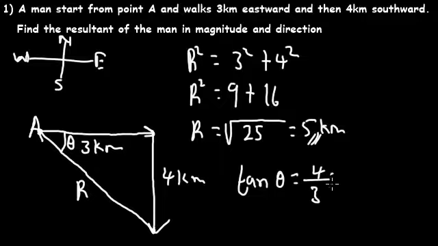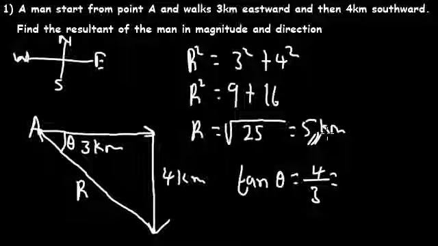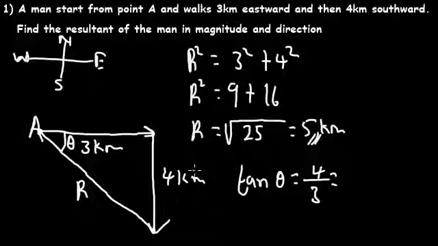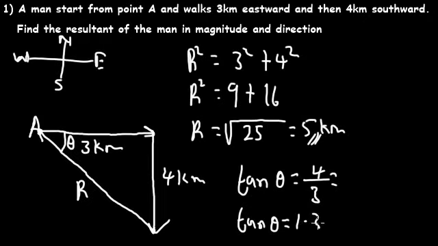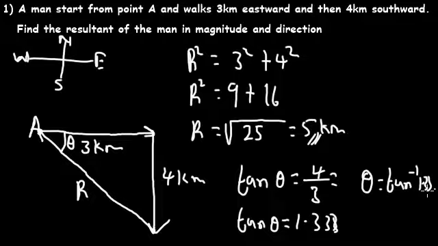Now, if I head right onto my calculator and type 4 divided by 3, I get 1.33. So eventually, tan theta is equal to 1.333 repeating. So taking the arctan of both sides, theta is simply tan inverse of 1.33 repeating.